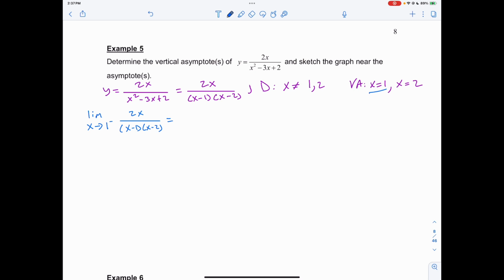And what happens is, if we have 2 times 0.999999, we get a positive value. If we have 0.999999 minus 2, we get a negative value. And if we put in 0.999999999 minus 1, then we're going to get a negative, very small number.